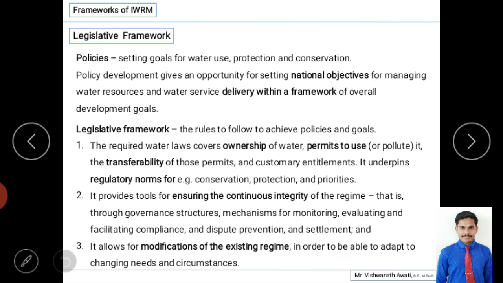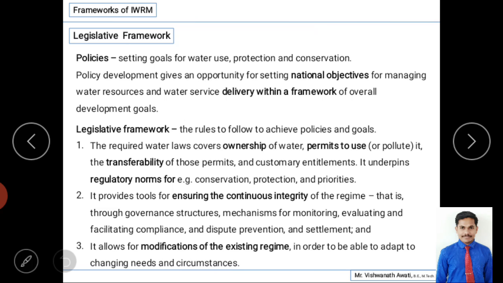It allows for modification of the existing regime in order to adapt to changing needs and circumstances. There will be rules and regulations that you can change if they are not fit for the current situations. If the situation changes, you can make amendments and change the rules and regulations based on the conditions, right?